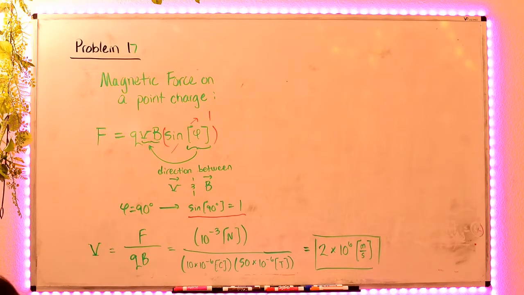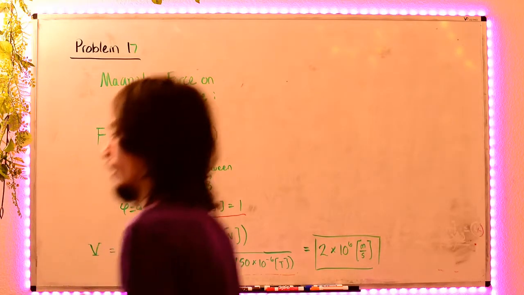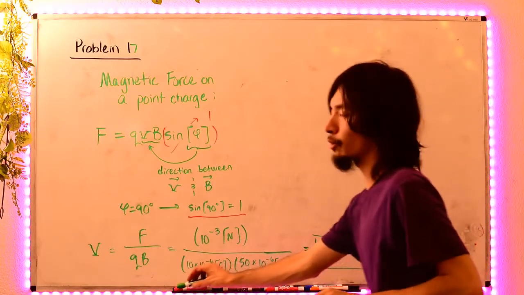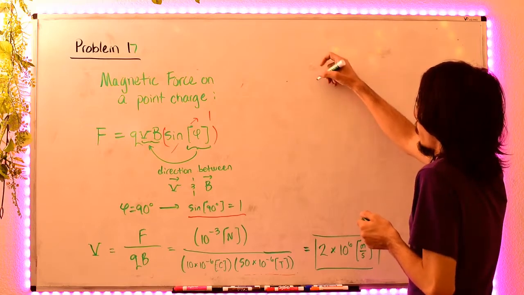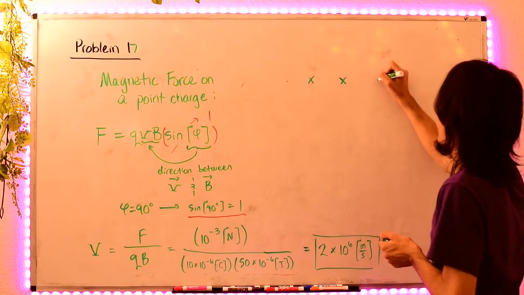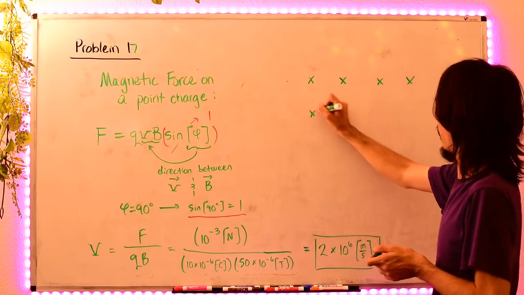So let's quickly do the right-hand rule here. In the figure, we have our region of magnetic field, which is directed into the page as indicated by the X's.